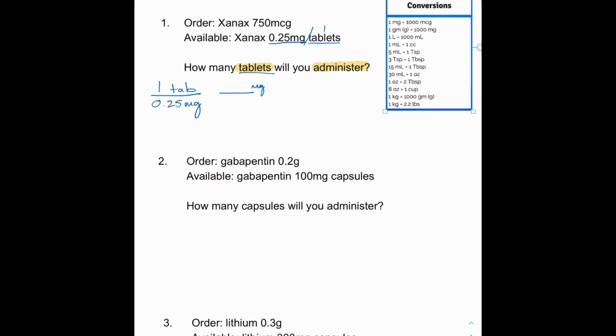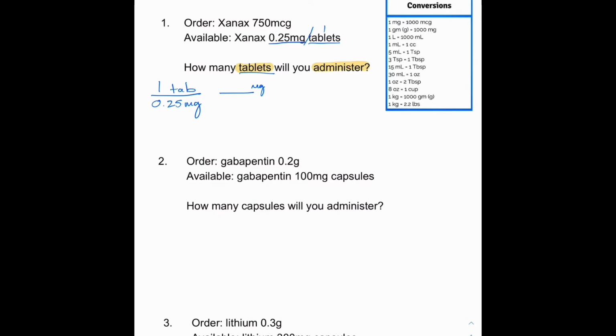So we need to figure out, do we know a conversion that can get us from milligrams to what our order is in, micrograms? So we're going to look over here, and the very top one says 1 milligram is equal to 1,000 micrograms. That's going to work for us.